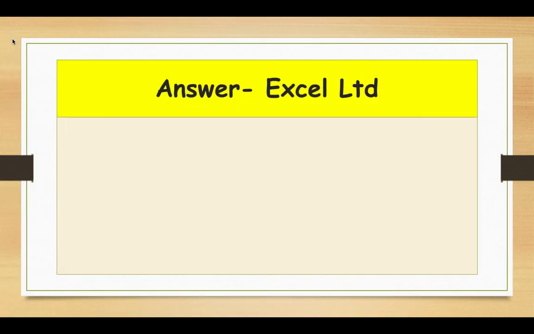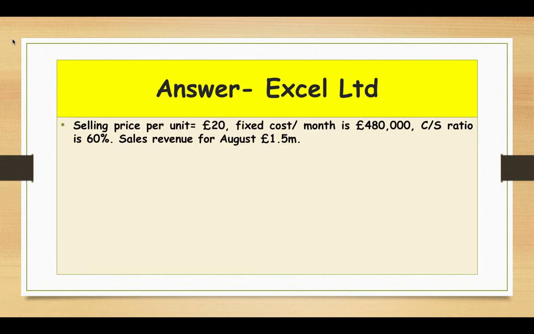So we are going to do this question, Excel Limited. So in this question, they have given us the selling price per unit, the fixed cost per month, and the contribution to sales ratio, which is 60%, and sales revenue, which is 1.5 million.